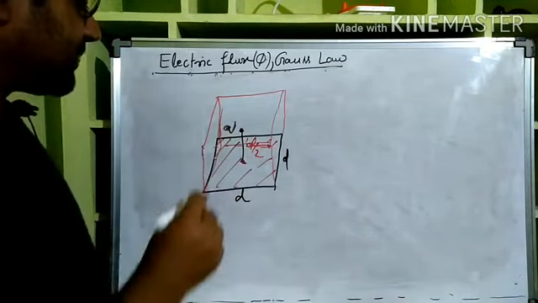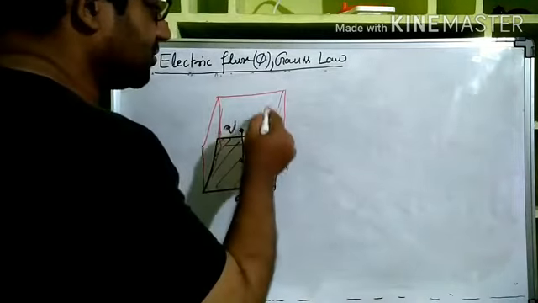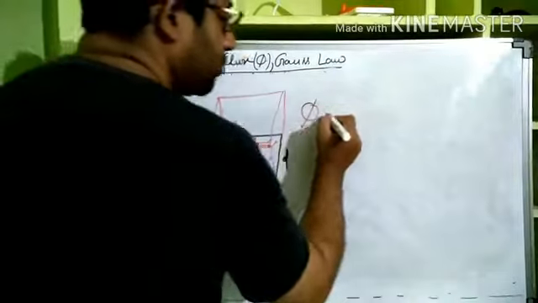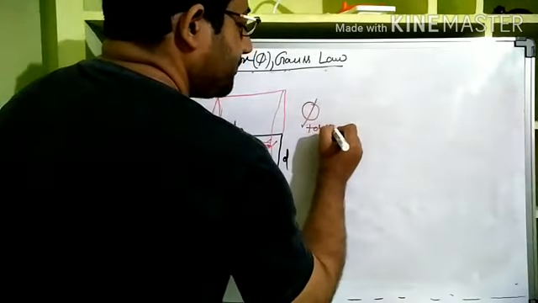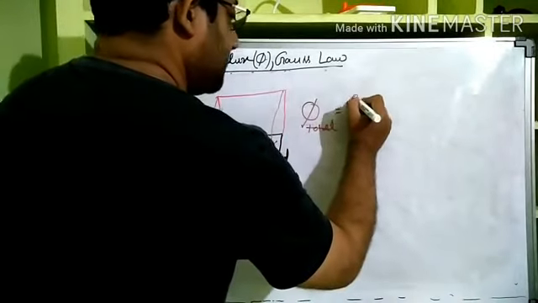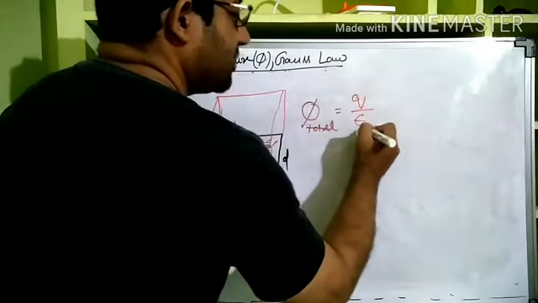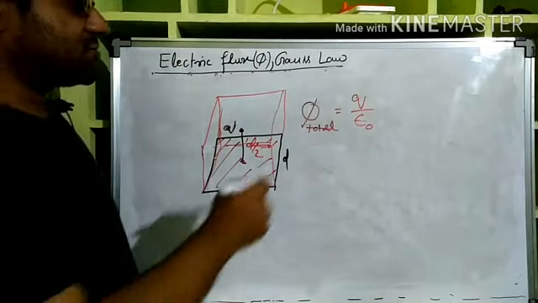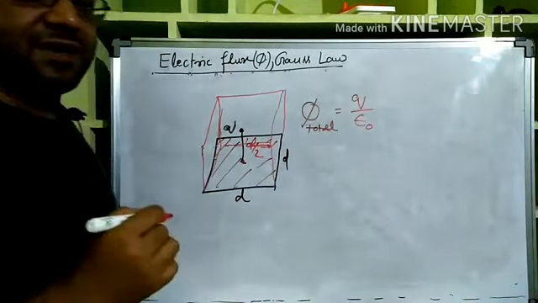Then what is the flux going through this? According to our Gauss law, total flux is equal to q by epsilon naught, or 1 by epsilon naught times the charge enclosed in the surface. So phi total is equal to q by epsilon naught.